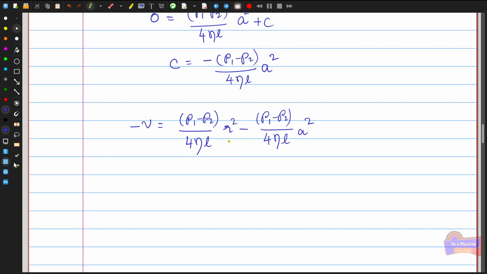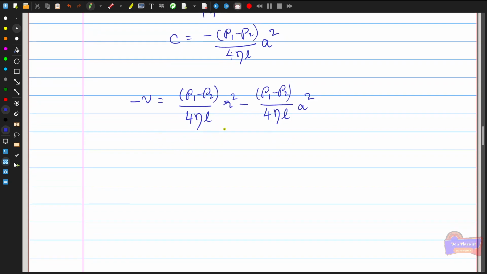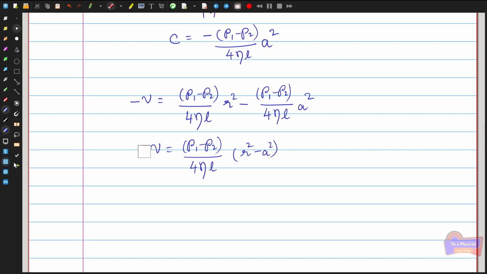Okay, so this is the velocity. Simplifying, rewriting the equation: minus v equal to, taking the constants outside, (P1 minus P2) divided by 4 eta L times (r squared minus a squared). So here you can see the negative sign.